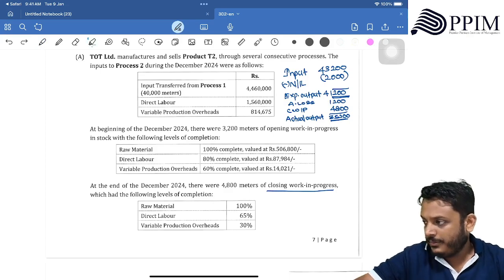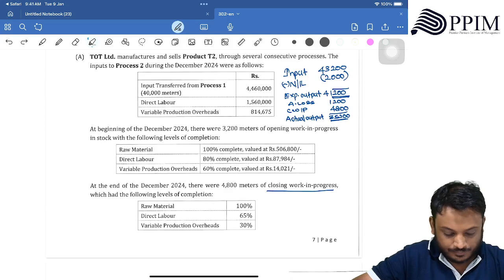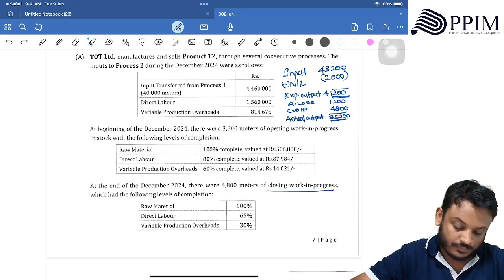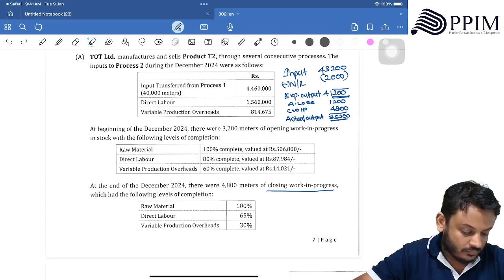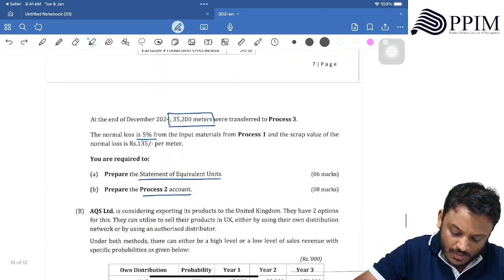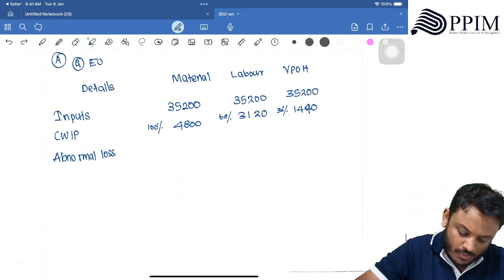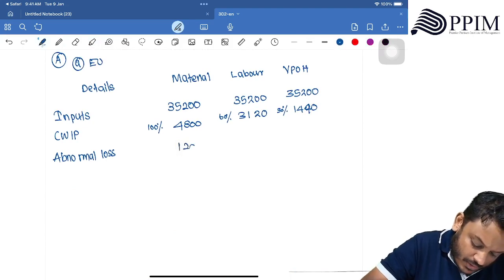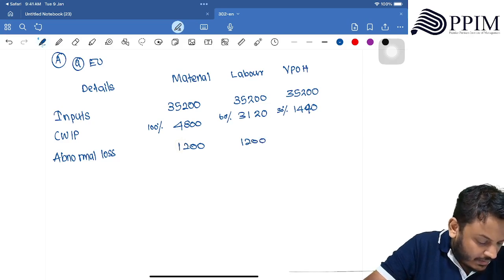Copy this working. So 1,200 is abnormal loss, and I'll take abnormal loss here: 1,200, 1,200 and 1,200.